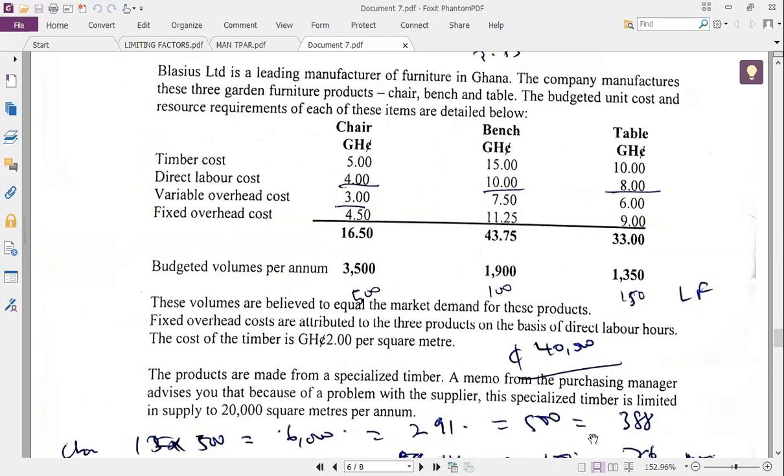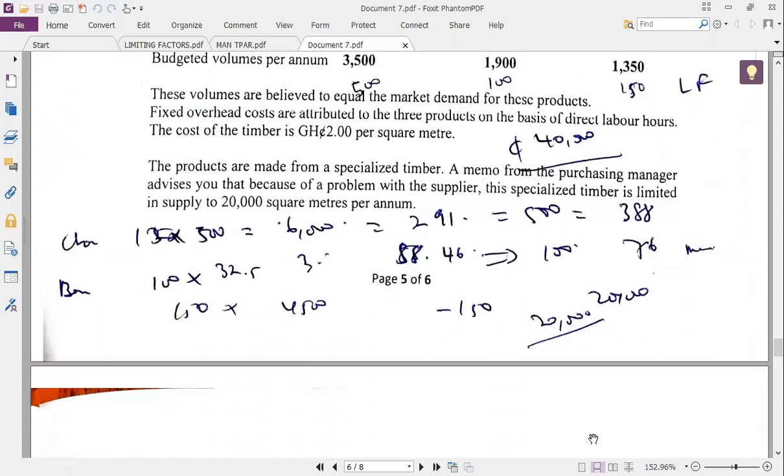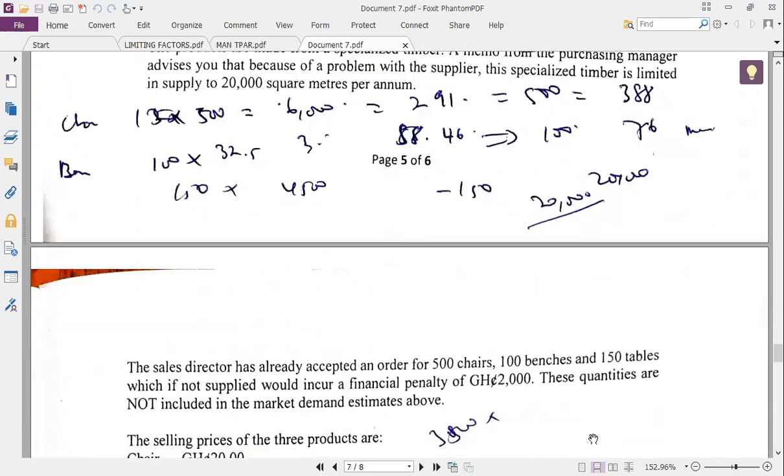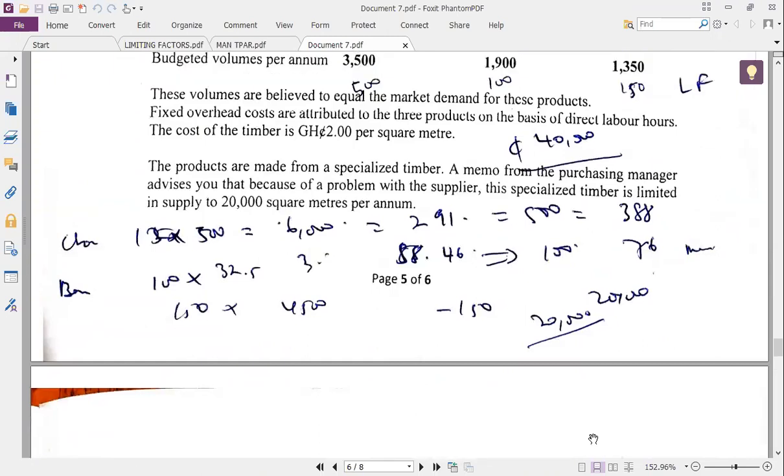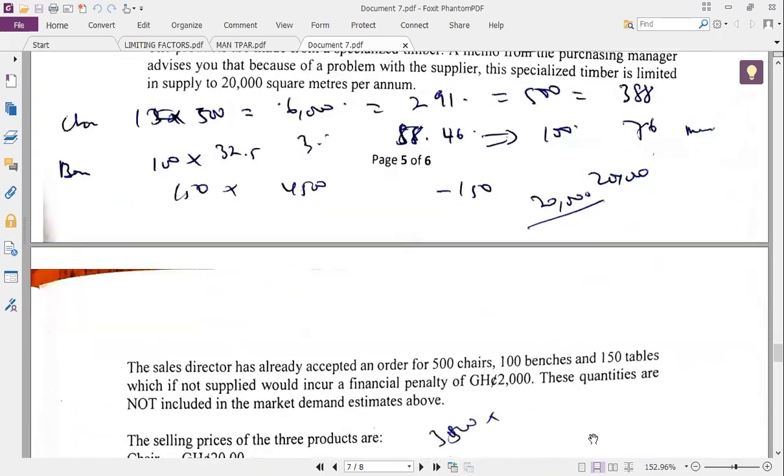Now let's see. So we'll go through the steps. Okay, there are more. We are not done. Now let's see. The sales director has already accepted an order.